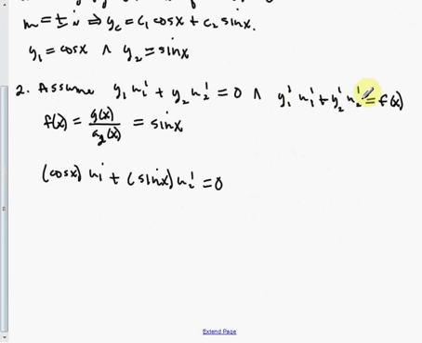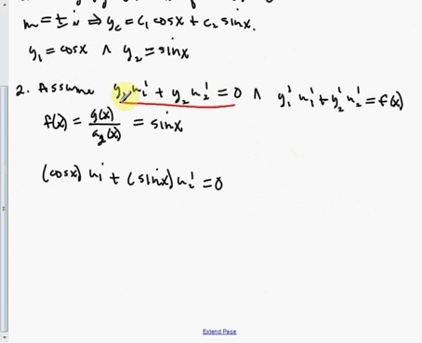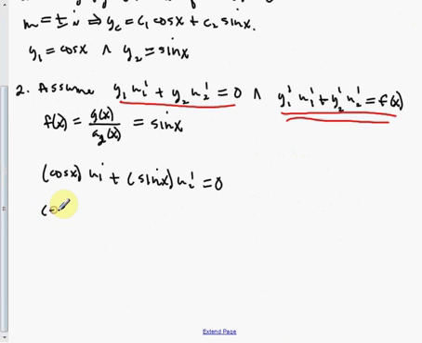Then we look at the second line. I take the derivative of the cosine, so I get negative sine x times u sub 1 prime plus, take the derivative of sine, I get cosine x times u sub 2 prime is equal to f of x, which is sine x.